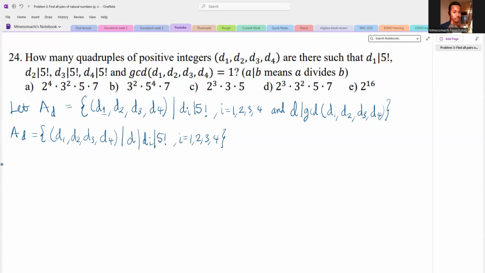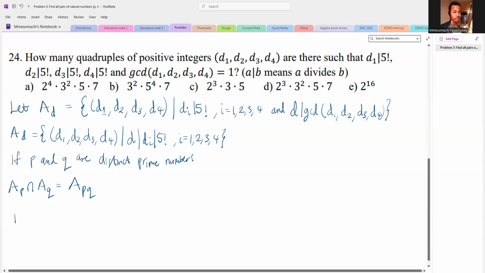Then something else we should take note of is, if P and Q are distinct prime numbers, then A sub P intersect A sub Q is equal to A sub P times Q. Why?